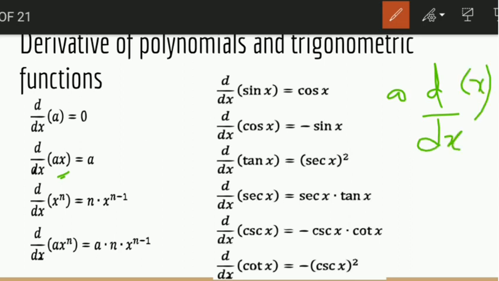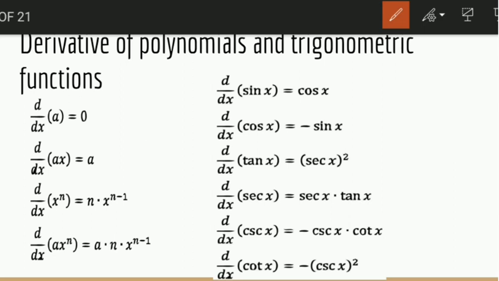Yes, that's also shown here. So if the function is a product of a constant and a variable, separate out the constant, because you know that a constant doesn't change, right? So we take it out and we just find the derivative of the variable.